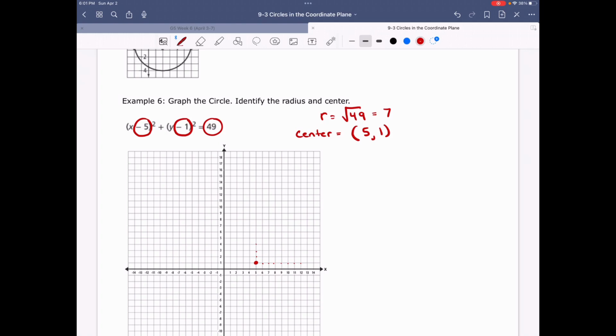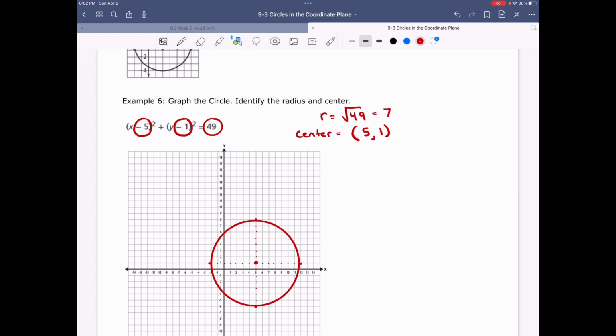And I can do that from anywhere. So I know that my circle is going to go through at least these points. And I'm going to try to draw a shape. It does. That's so cool.